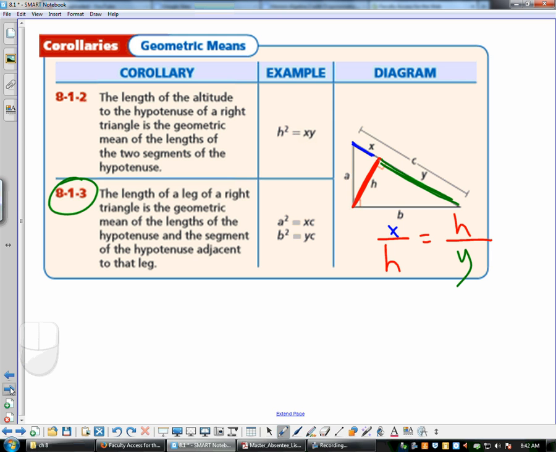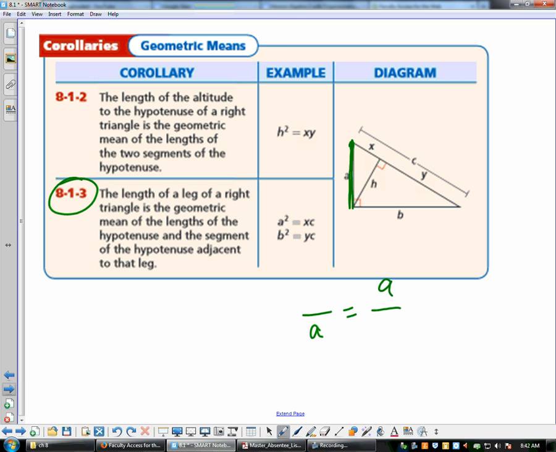So that means in this picture that A, this short leg, is the geometric mean between this little piece here and the whole thing, which is C. Does that make sense?